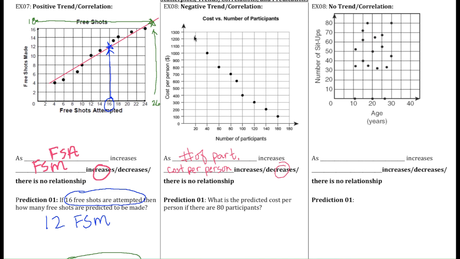So let's try this. 1, 2, 3, 4, 5, 6, 7, 8, 9. So 4, 4.5, right? Not there. I think this is the best we're going to get. 1, 2, 3, 4.5.